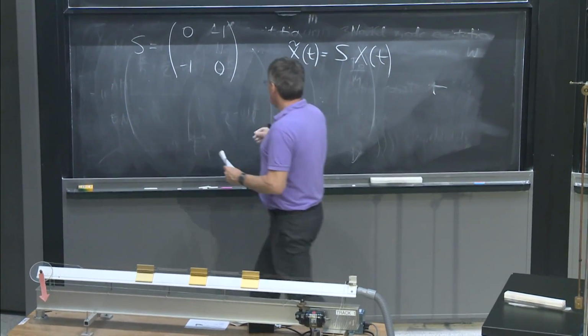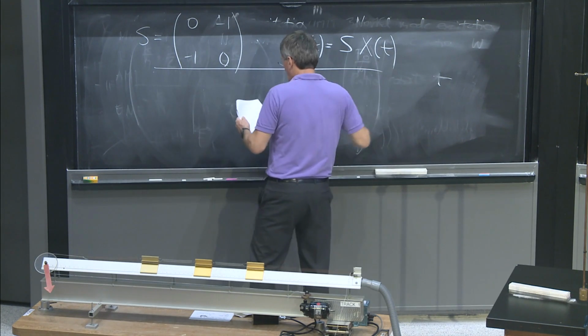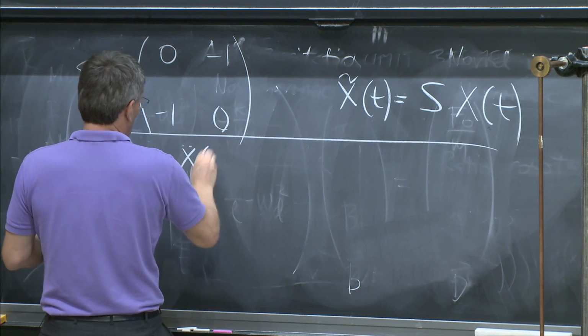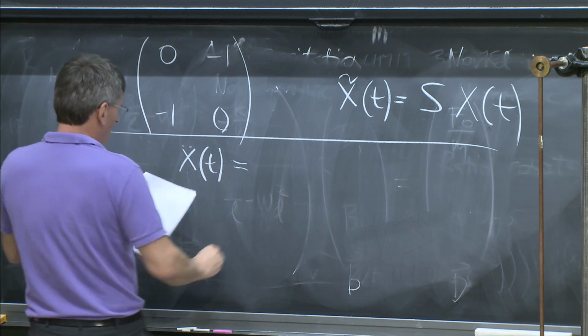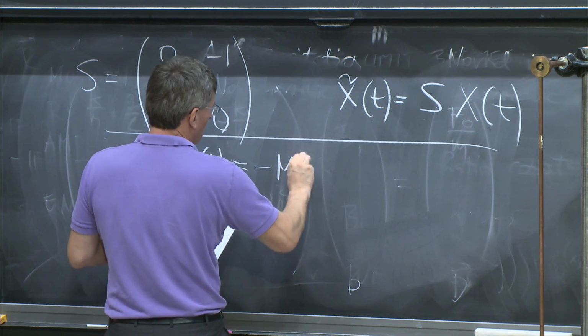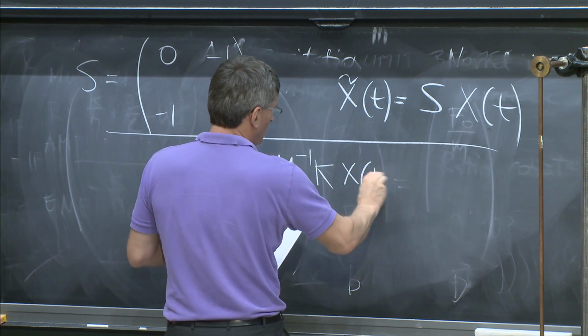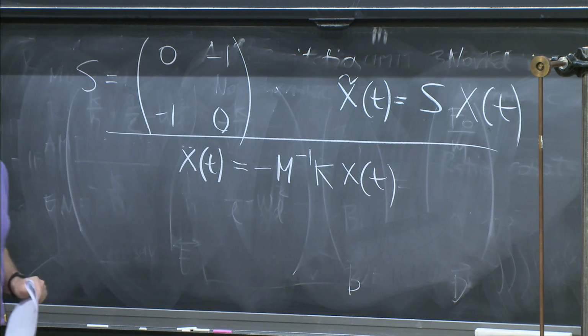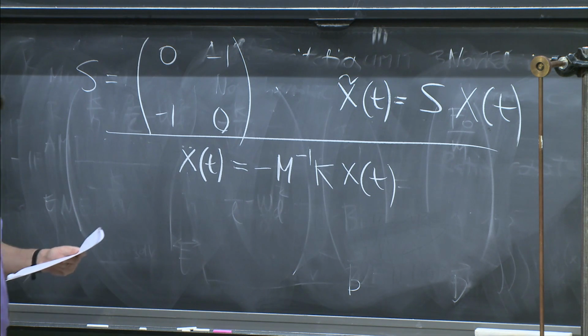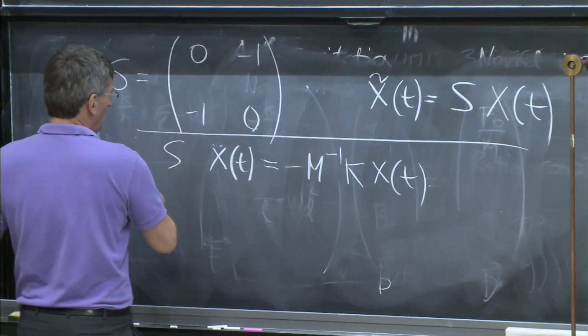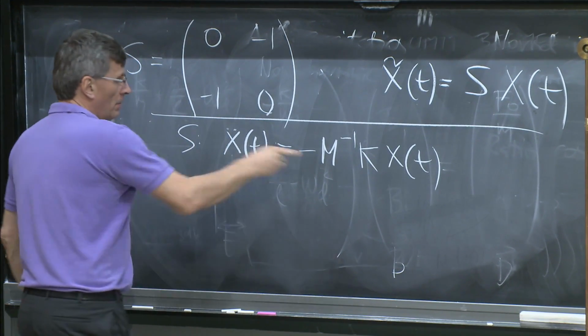So what does it mean? Let's look at our motion equation. The original equation of motion was x double dot equals minus m minus 1 k matrix times x of t. This is what we use to find solutions. Usual thing, normal modes, etc. Let's multiply both sides by matrix S. I can take any matrix and multiply both sides.